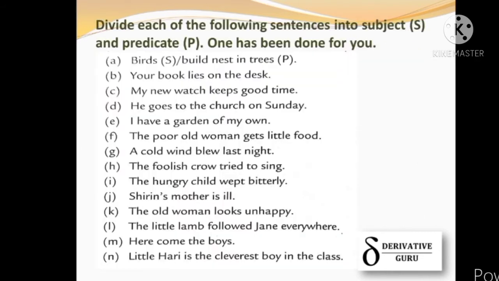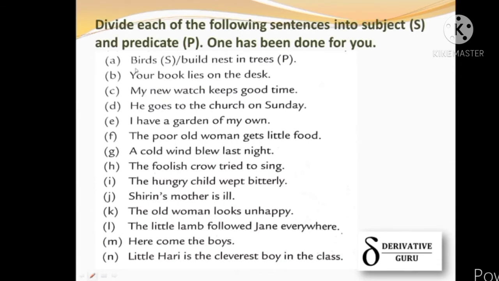So, well, that was quite easy. Let us see a few examples with the help of this question. Divide each of the following sentences into subject and predicate. One has been done for you. See the first one. Birds build nest in trees. So, here we are talking about birds.